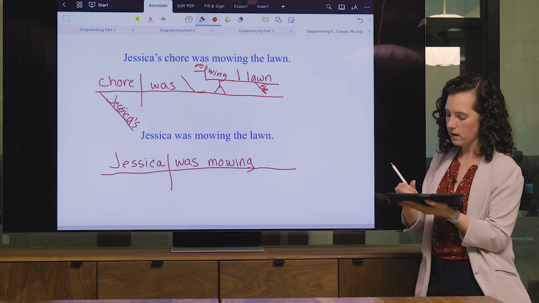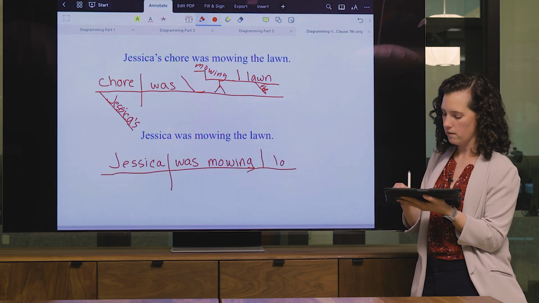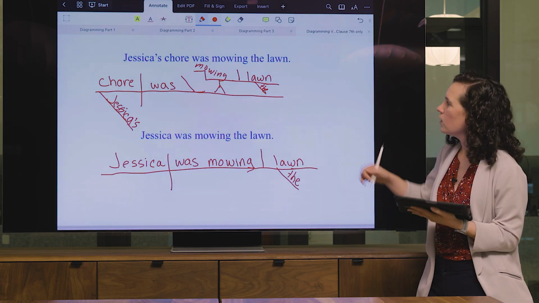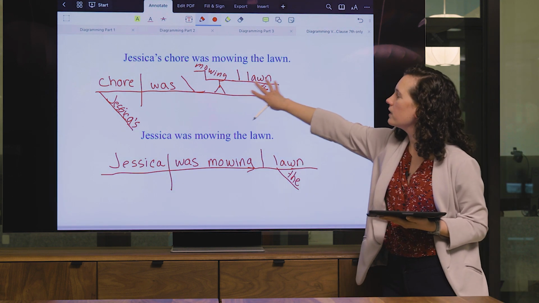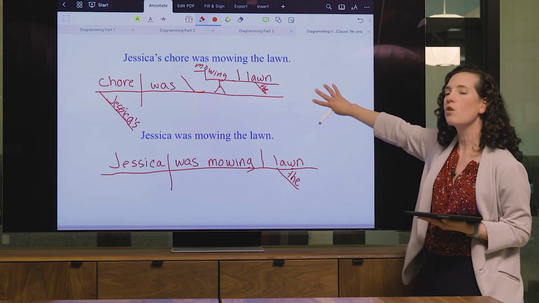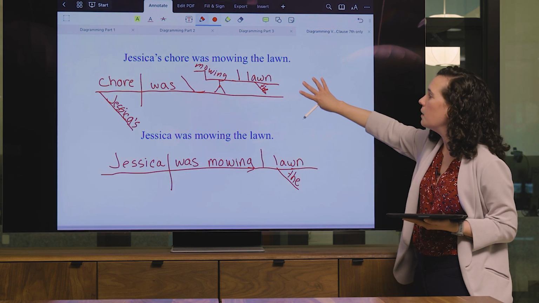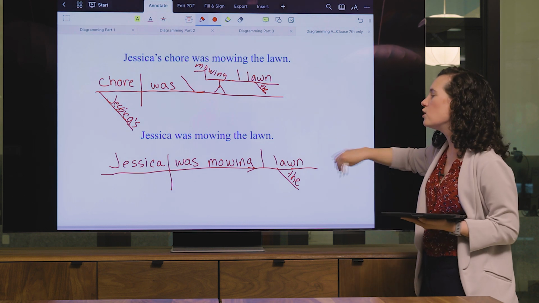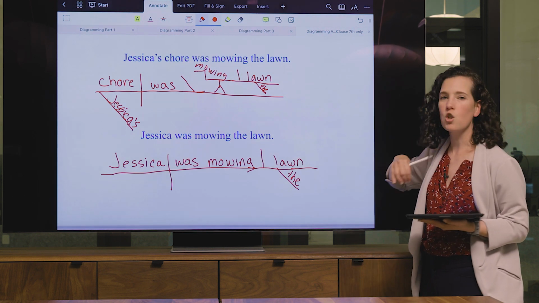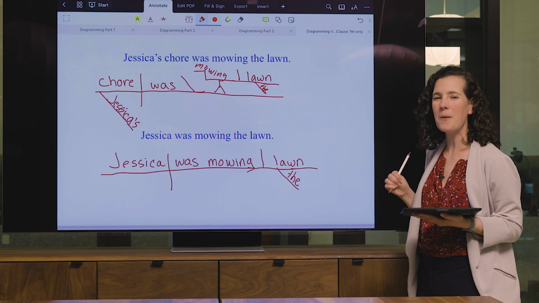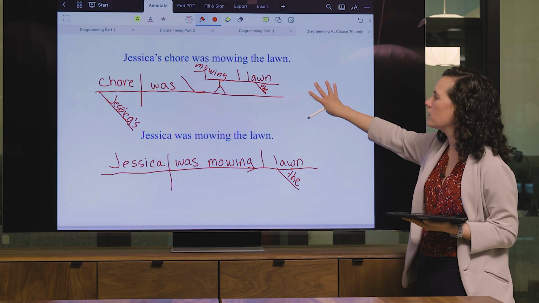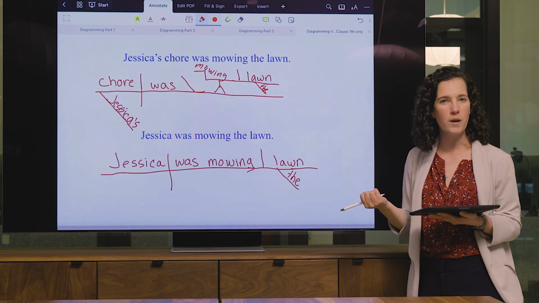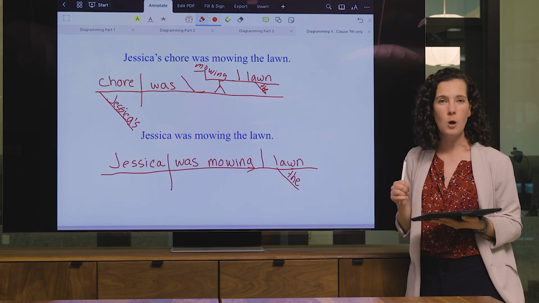She was mowing what? The lawn, our direct object. So in this sentence, we have a linking verb with a predicate nominative. You can also try rearranging the sentence. Mowing the lawn was Jessica's chore. You couldn't do that here. You would get mowing the lawn was Jessica, which is not what you're going for in this sentence. So you can see how you have to read the sentences closely to really understand what's going on, which is what these diagrams help you do.